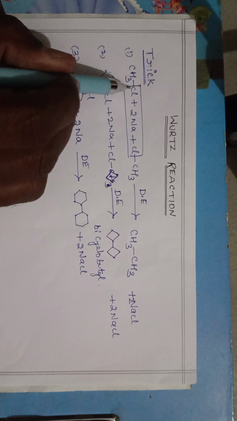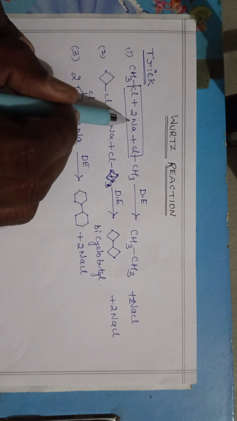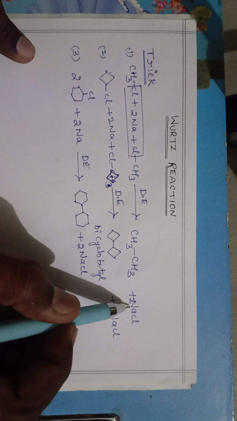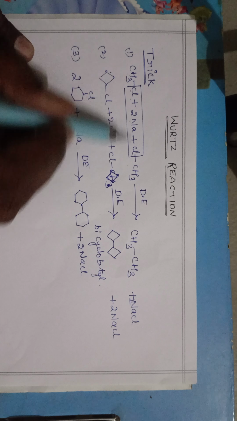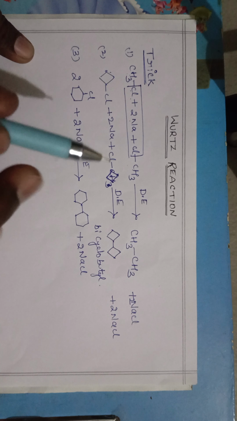Okay guys, here the 2 halogens and sodium go as byproduct, and the remaining 2 alkyl groups are bonded to each other.